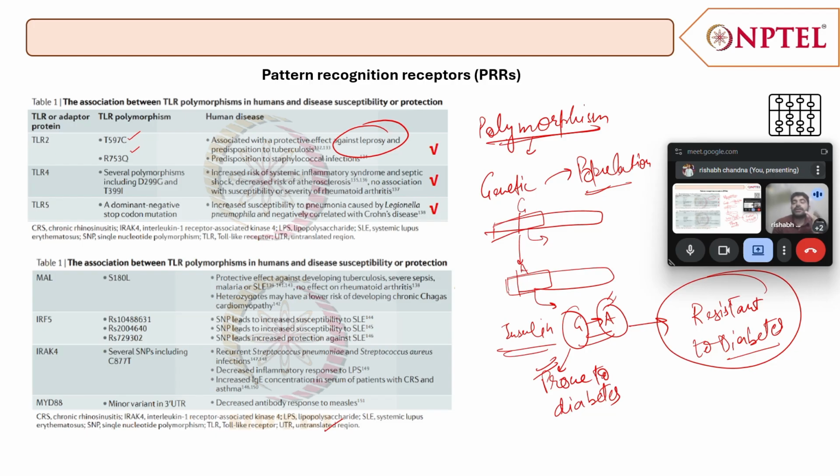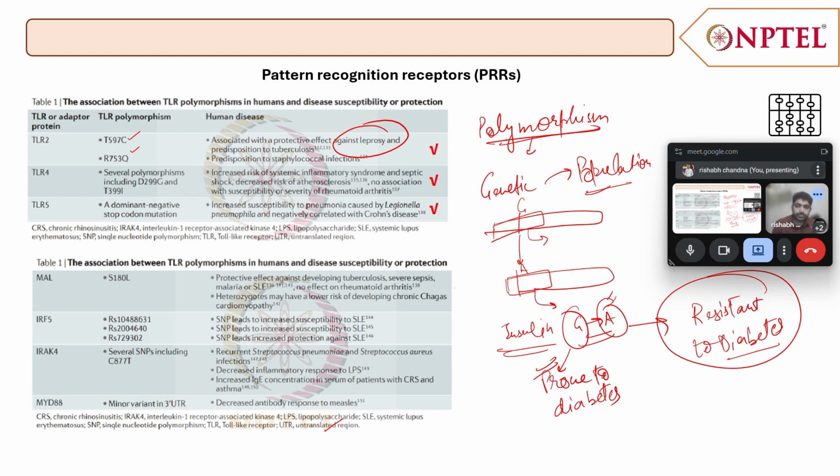Then we have TLR5. That means a dominant negative stop codon mutation. This increases the susceptibility to pneumonia caused by Legionella pneumophila, and is negatively correlated with Crohn's disease. So for Crohn's disease, they are protected, but have increased susceptibility to pneumonia by the pathogenic organism.